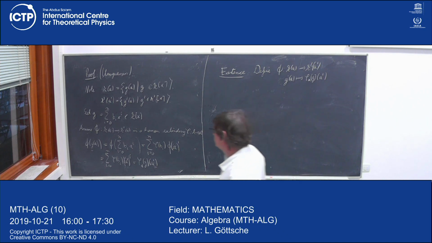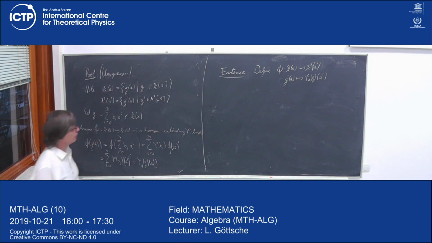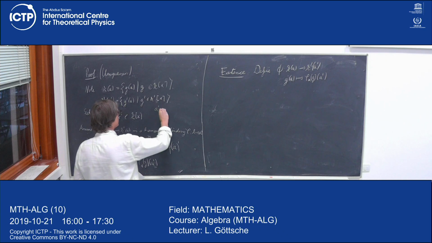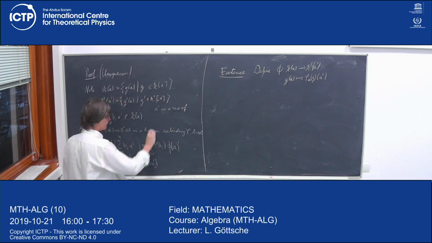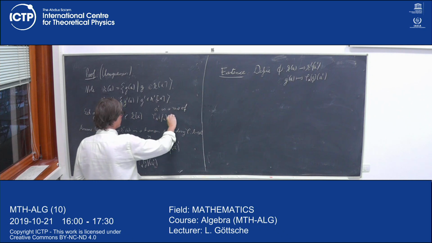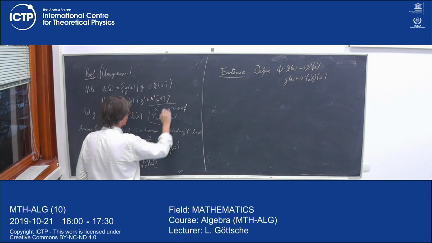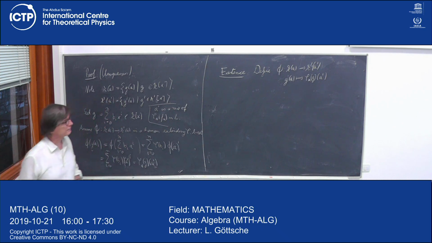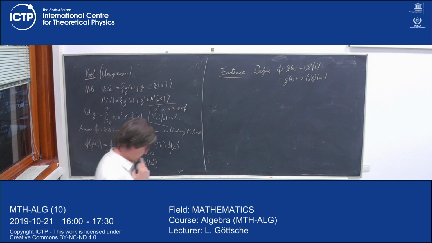So remember, this was in the proof, but a prime is a zero of phi star of f_a in F. Any zero. And this was the minimal polynomial, and we apply this to it.